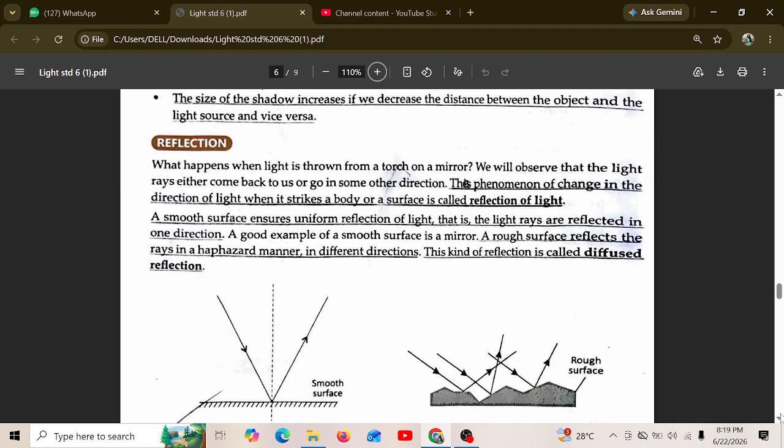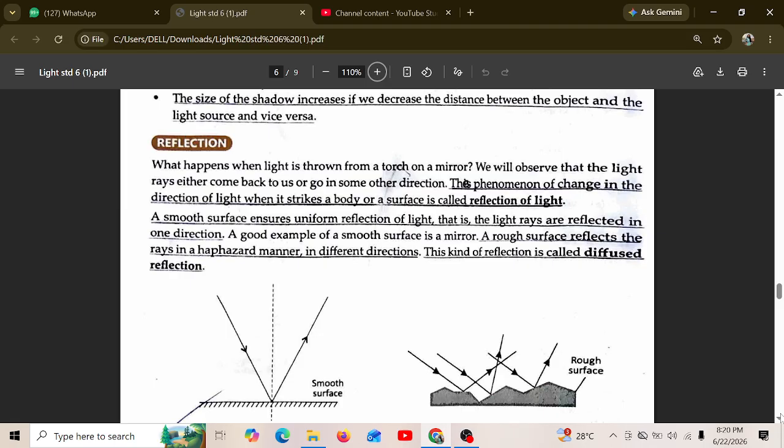So opaque objects always reflect the light which they receive. The bouncing of light on an opaque object is considered to be reflection. What happens when light is thrown from a torch on a mirror? The phenomenon of change in the direction of light when it strikes a body or a surface is called reflection of light, the bouncing of light.